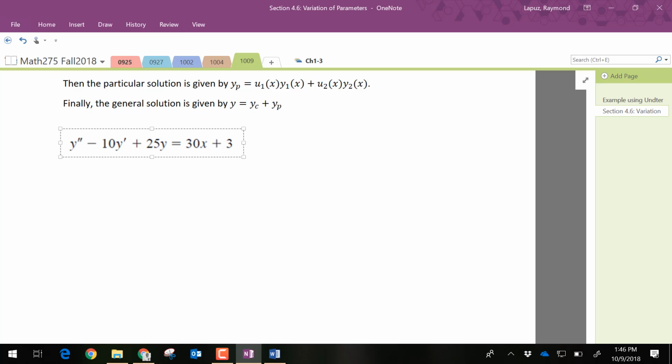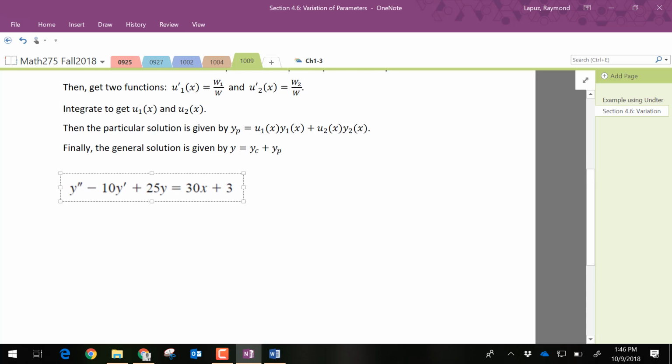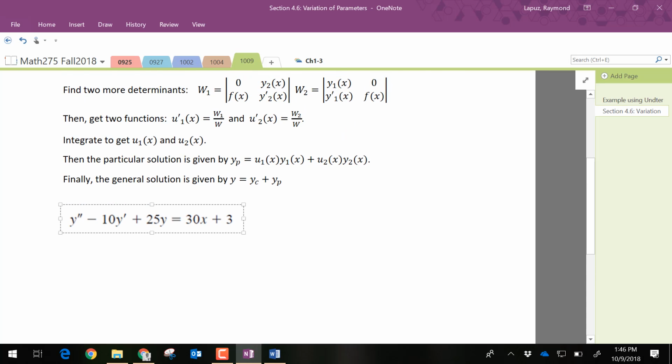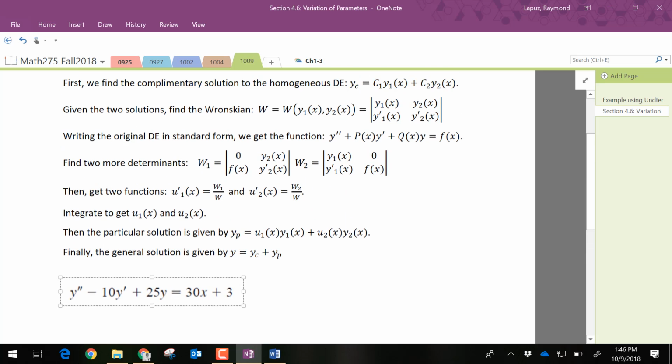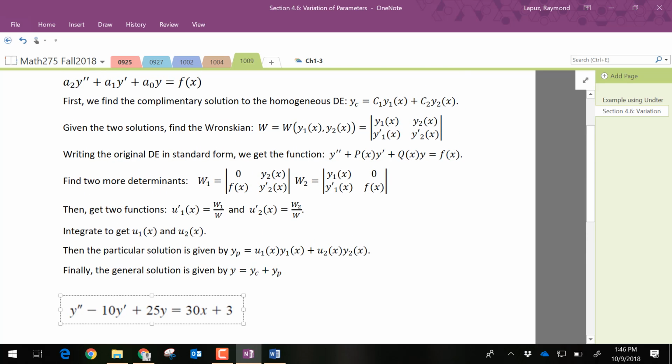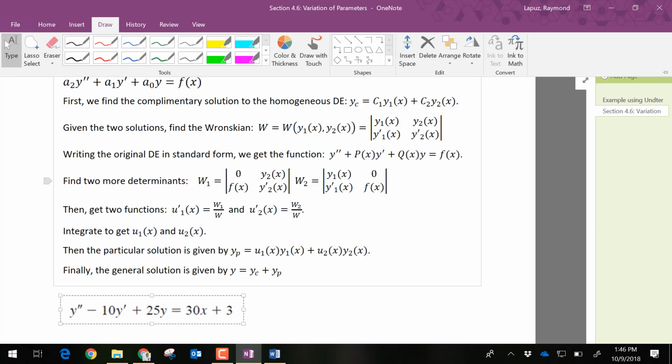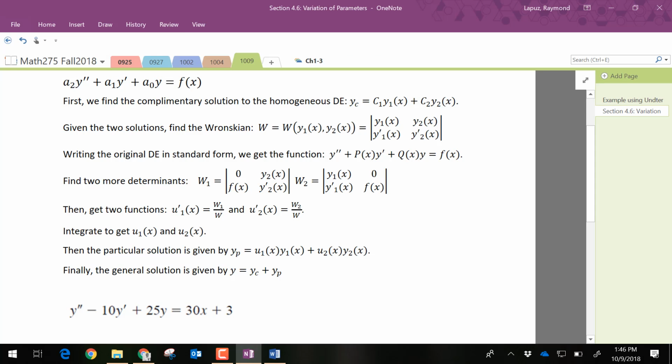All right, let's give this a try just so we can get the process down, and then we'll do one with an actual problem. So just keep in mind what the components are that we need. If we do this as a step-by-step process, the first step is always finding the homogeneous solutions. So this is your step one.